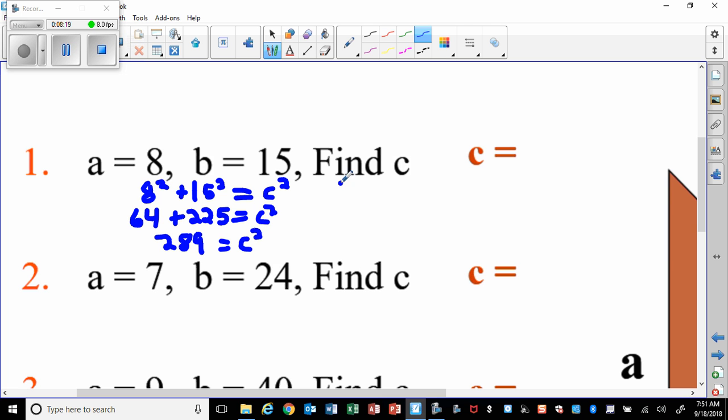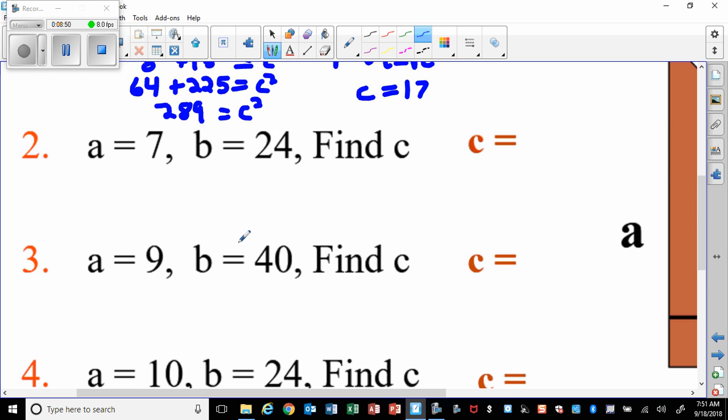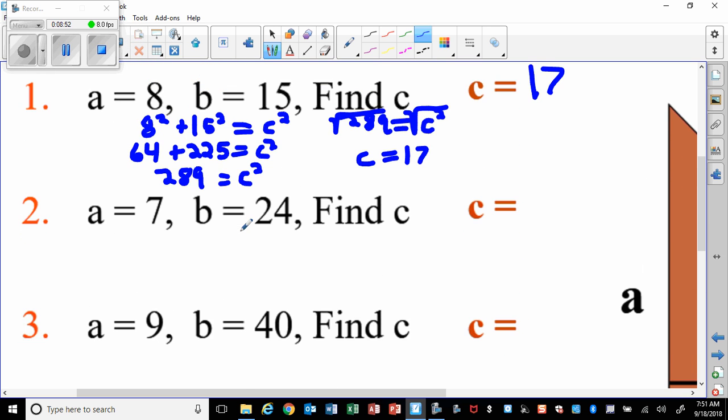I'm going to rewrite that right over here so that I can finish up the problem. 289 equals C squared. And I'm going to take the square root of both sides. And when I take the square root of 289, I get C equals 17. So go ahead and pause the video at this point and try numbers 2, 3, 4, and 5. And in a moment, I will work through those ones with you as well.